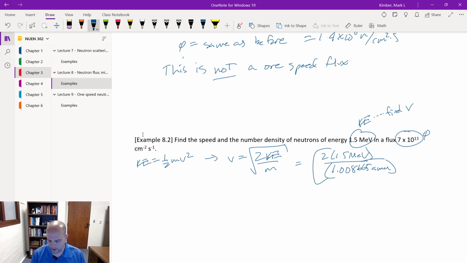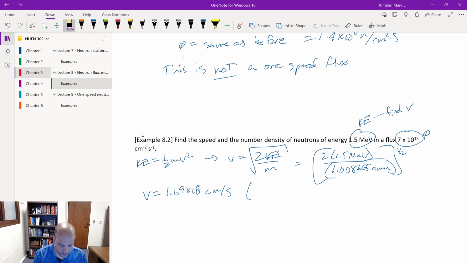I need to convert that to consistent units. I need to convert the MeV to joules and the AMU to kilograms, and then I take the square root of that. I should have units of meters per second, or I convert it to centimeters per second, and that's what we'll do here. So velocity is 1.69 times 10 to the 9th centimeters per second.